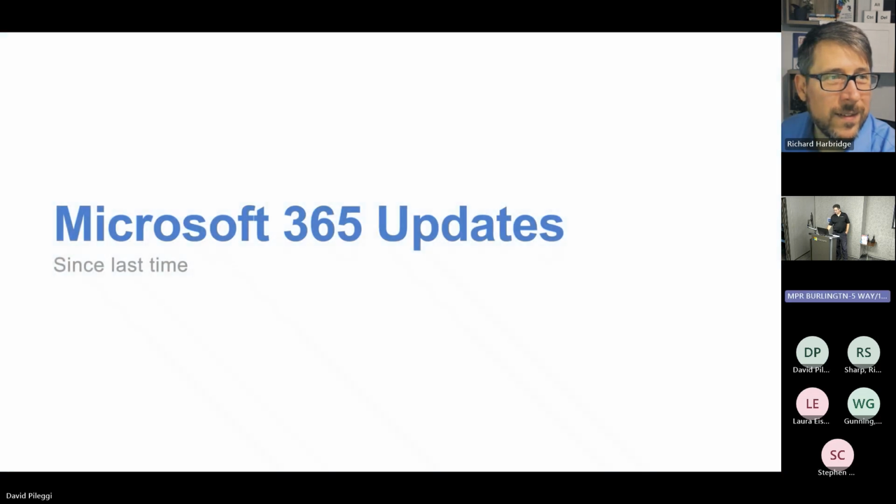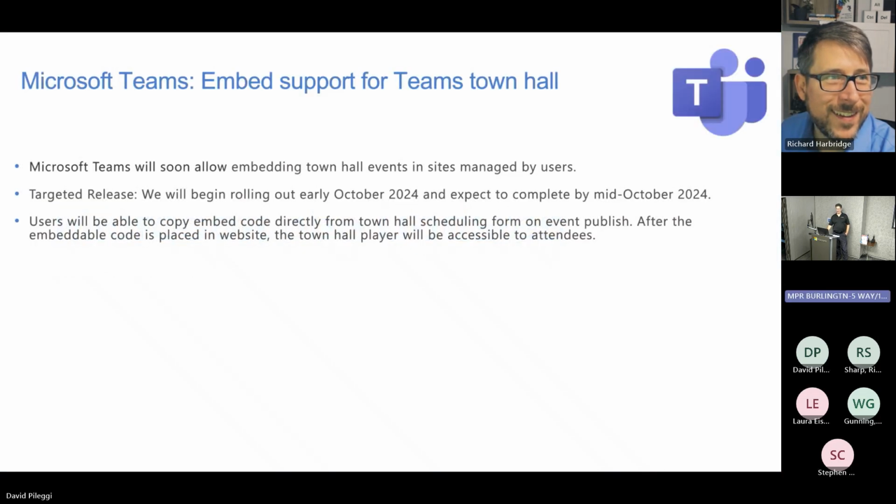All right, let's go through the updates. Starting with something easy, something lighthearted. One of the things I noticed in our tenant, take a look in your tenant. If you go into Microsoft Teams, go into the calendar, and go to the drop down next to create new meeting, for some of you there will be several new options. One of them is Town Hall.